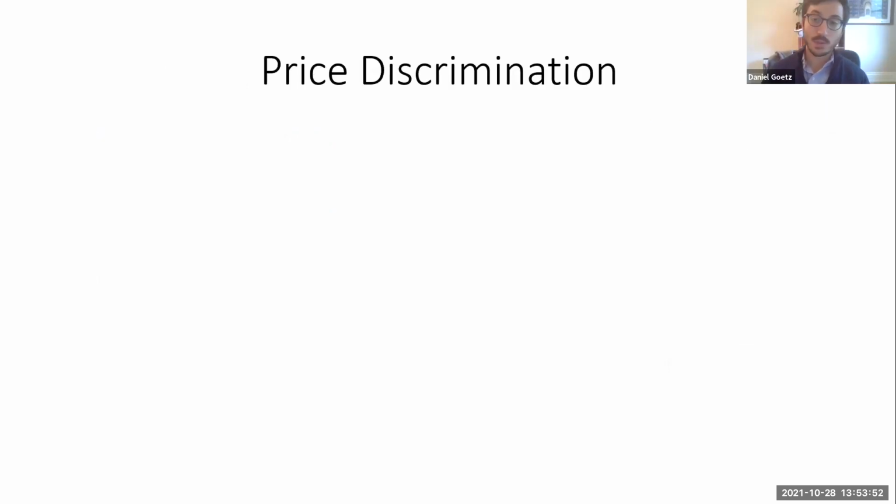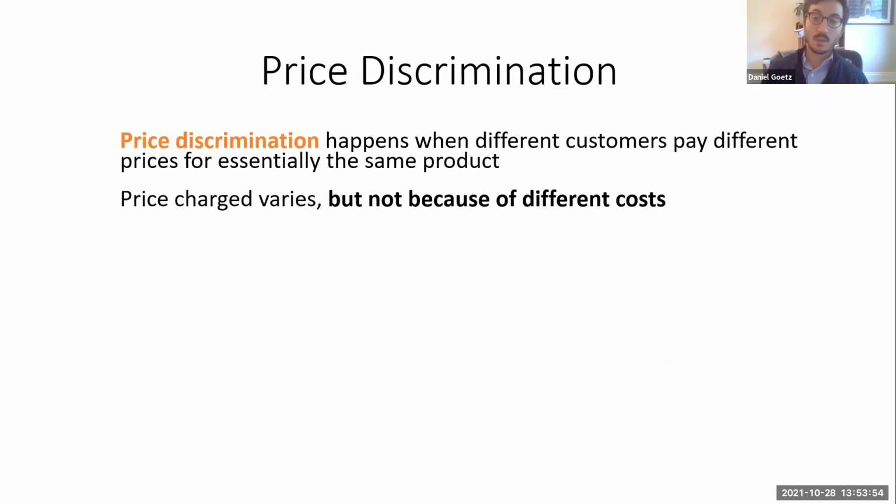So this is an example of what's called price discrimination, which happens when different customers pay different prices for the same product, right? So the price charged varies across different people, but not because of different costs.